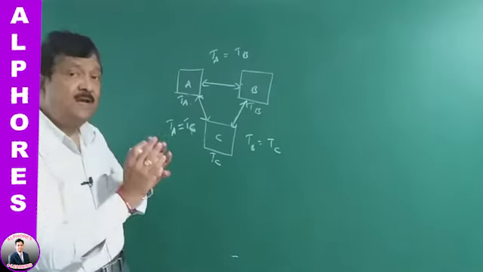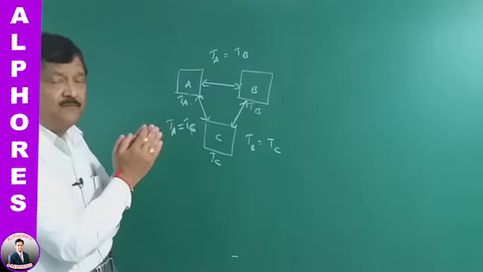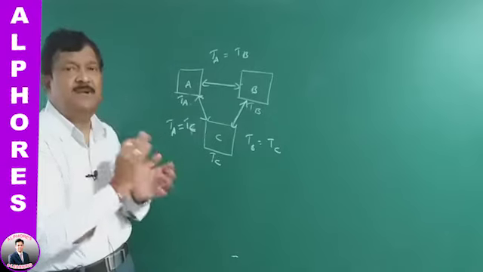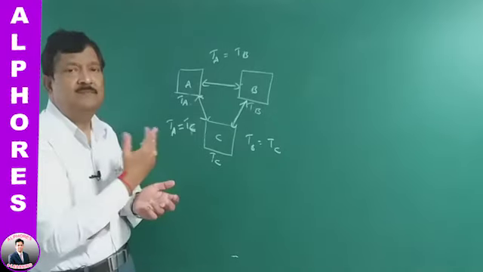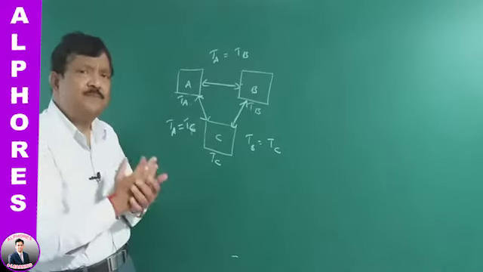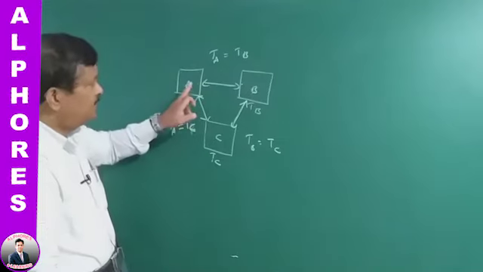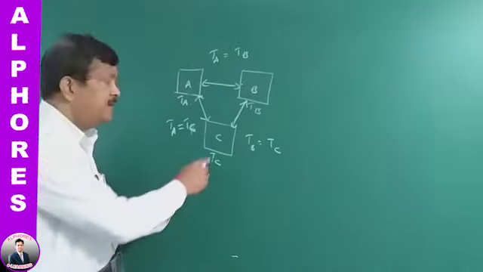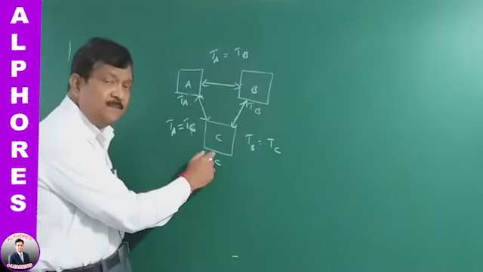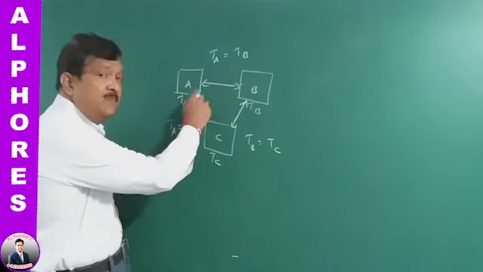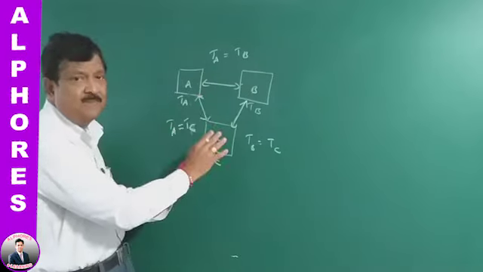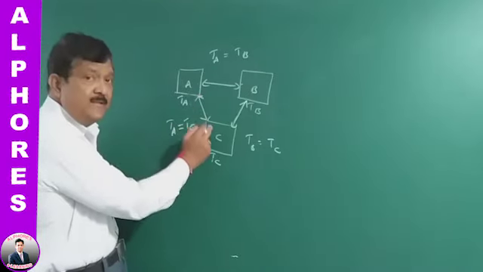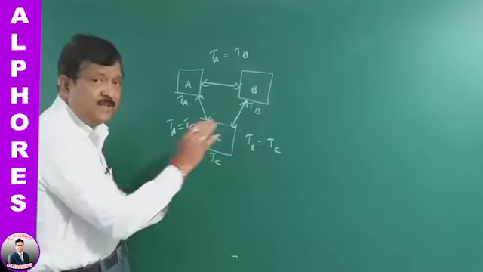So if you make this explanation a principle or a theorem or a law, what can we conclude? When two systems A and B are in thermal equilibrium with a third system C, then they will also be in thermal equilibrium with each other. So here A and C are in thermal equilibrium and B and C are also in thermal equilibrium.